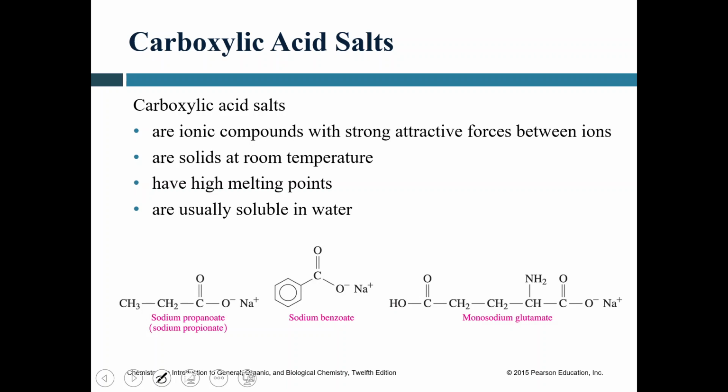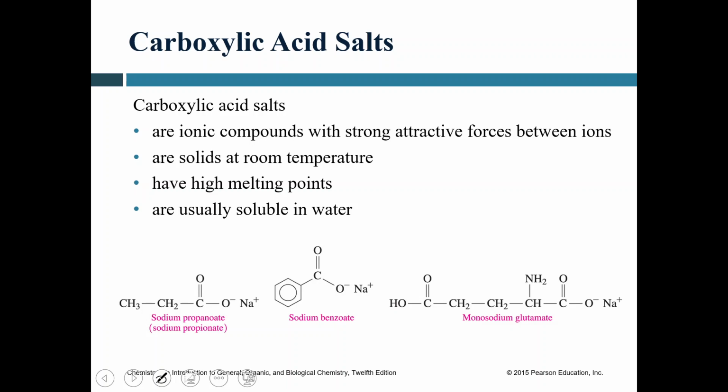Now, salts of carboxylic acids are ionic compounds with very strong attractive forces between ions, as any ionic compound is. They are solid at room temperature, they melt at very high temperatures, and usually salts of carboxylic acids are soluble in water.